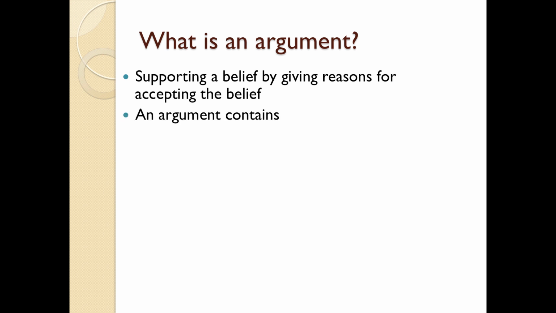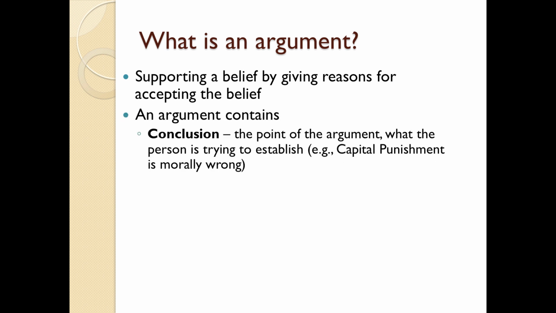In a philosophical argument, there has to be a conclusion, the point of the argument, what the person is trying to establish. So let's say someone was trying to make the argument that capital punishment is morally wrong. You may or may not have that view, it doesn't matter. We're just using this as an example. So say the person's claim or conclusion is that capital punishment is morally wrong.